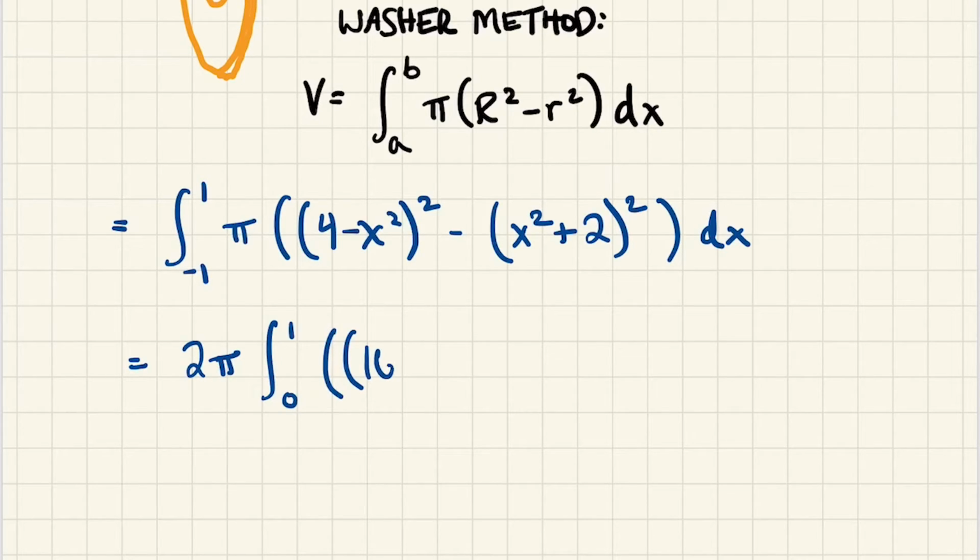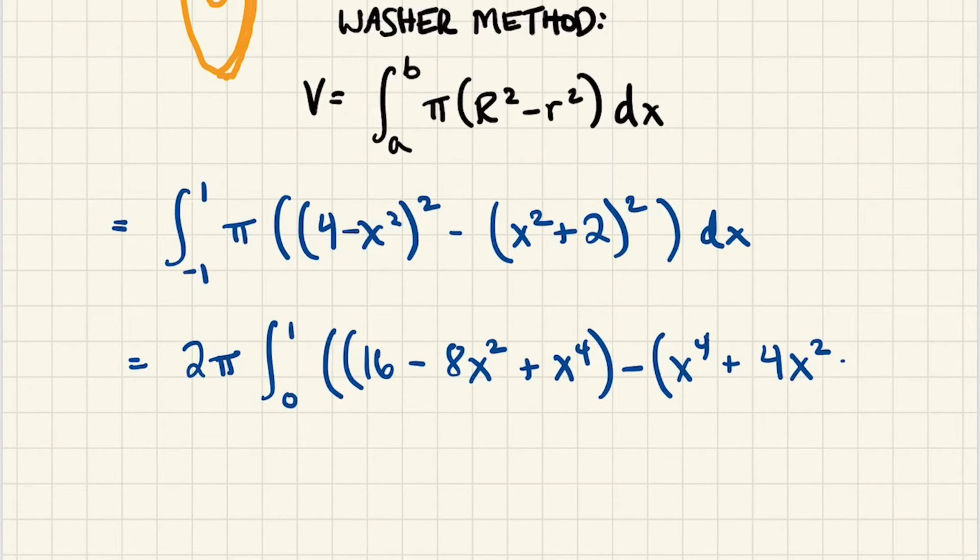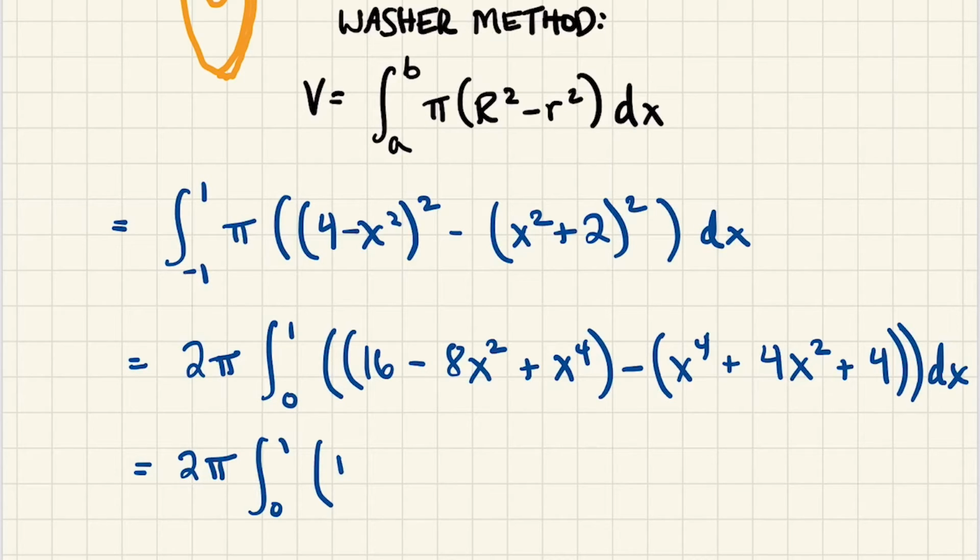So we have 16 minus 8x squared plus x to the 4th, and minus x to the 4th plus 4x squared plus 4... let's combine like terms here. So 16 minus 4 is 12. Negative 8x squared minus 4x squared is minus 12x squared. And this x to the 4th cancels with negative x to the 4th.